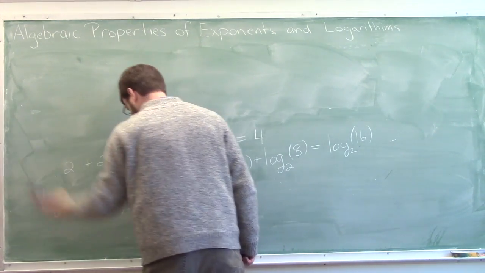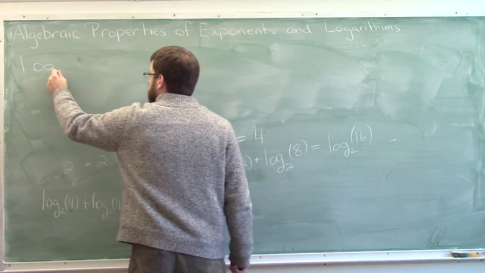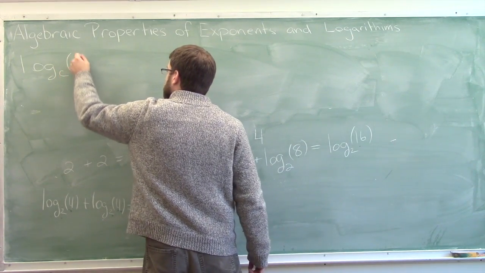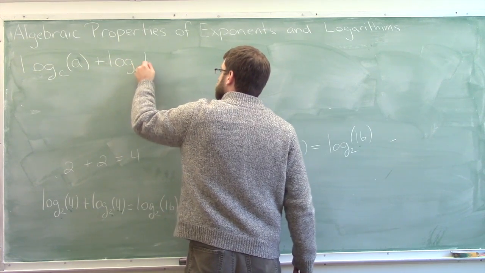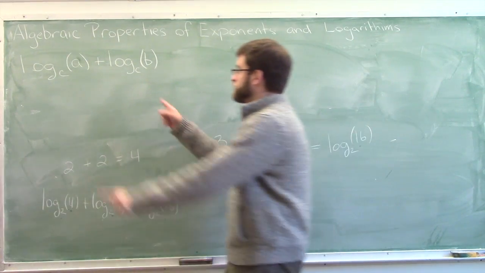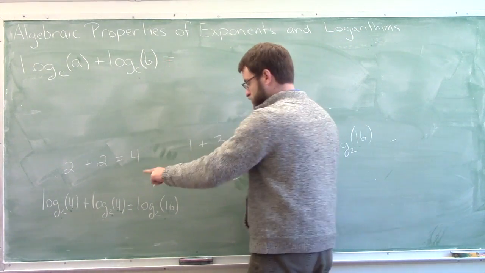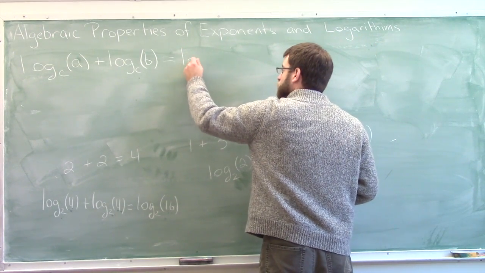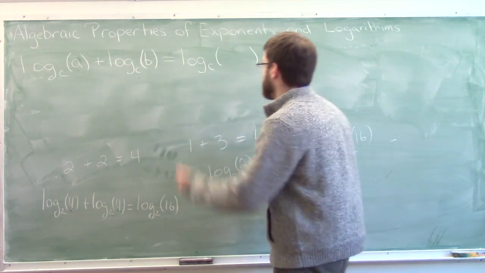We've said maybe if I have log base, let's say, some number c, log base c of a plus log base c of b, so I'm trying to add together two logarithms that have the same base, right? Then based on just these two examples, we might think that the way to combine those would be with log base c of a times b.